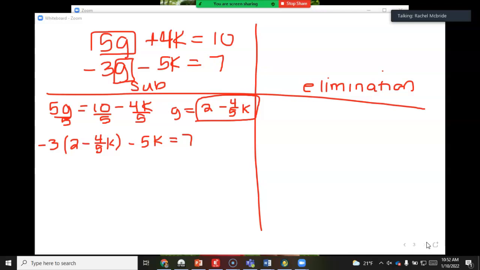So negative times a positive is a -6. Negative times a negative is a positive 12/5 k minus 5k equals 7.